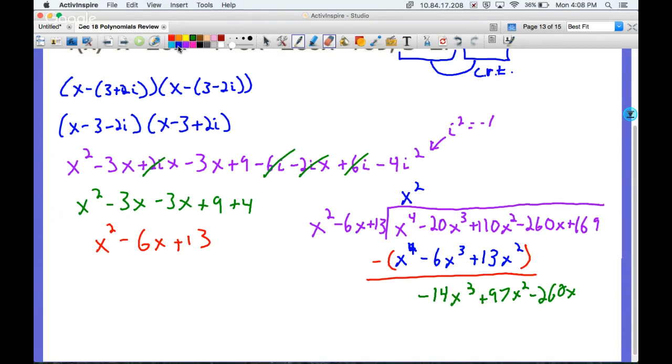The next thing I want to write up top here, what do I have to multiply x squared by to get a negative 14x cubed? Well, that's going to be a minus 14x, and I get a negative 14x cubed.